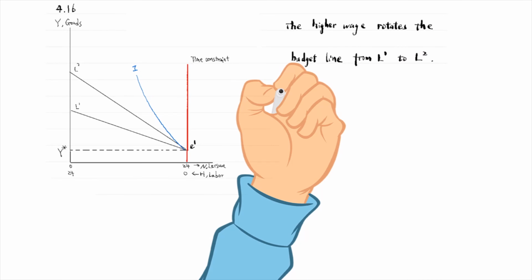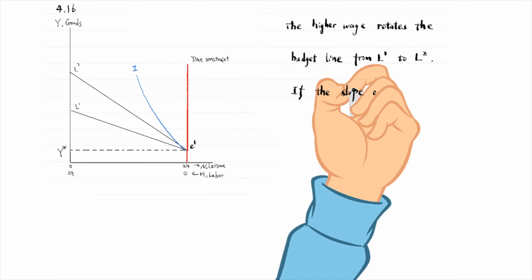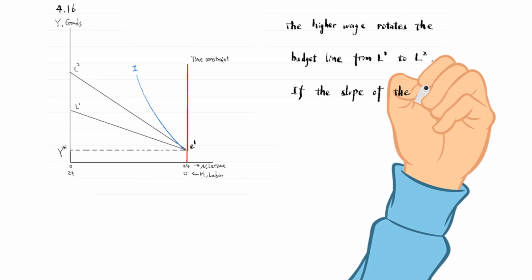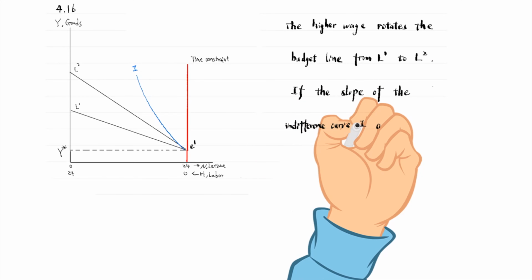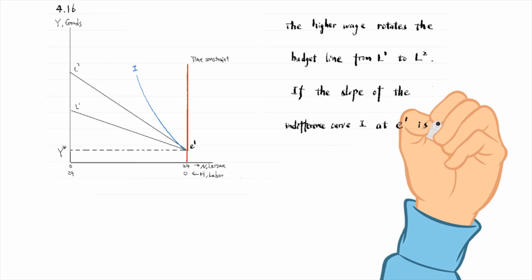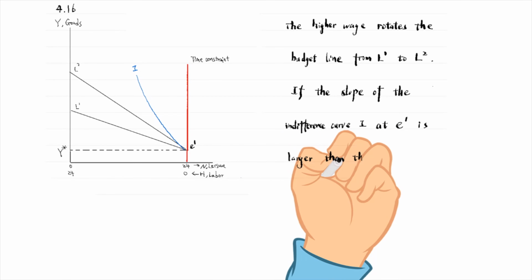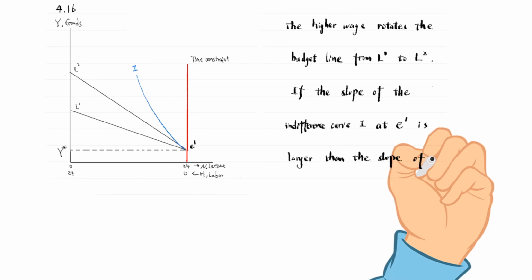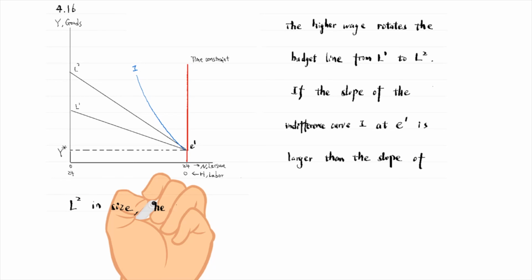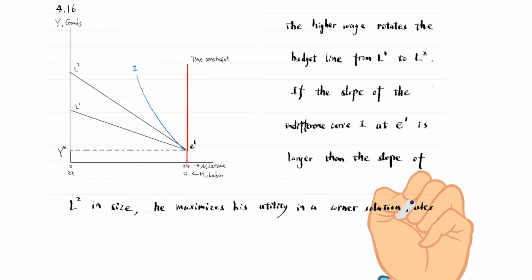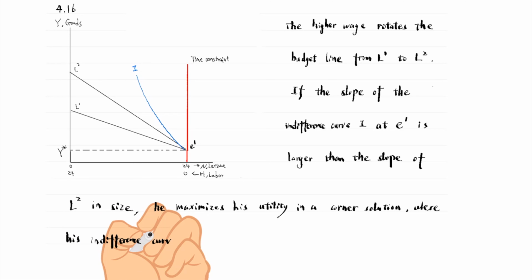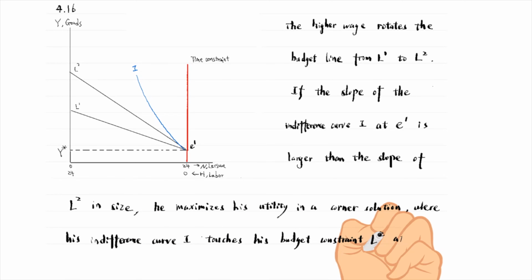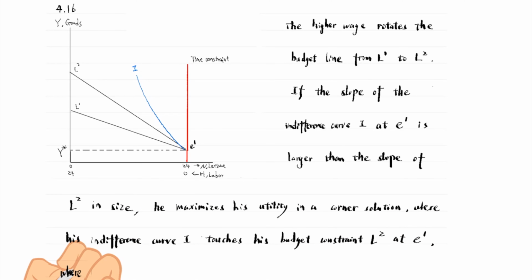If the slope of the indifference curve I at point E1 is larger than the slope of L2 in size, then he maximizes his utility in a corner solution, where his indifference curve I touches his budget constraint L2 at E1, where he does not work.